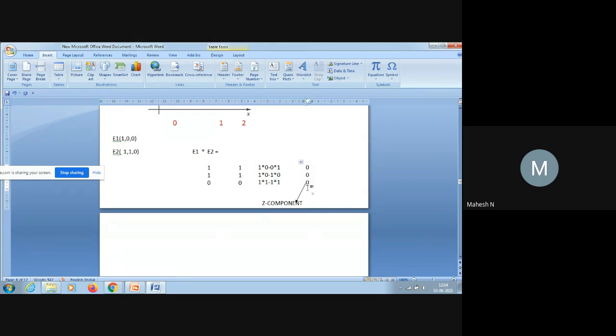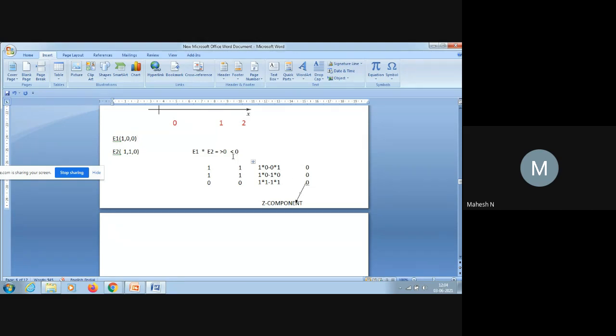To check whether the cross product between the two edges is greater than 0 or less than 0, I need to check the z component. The first component is the x component, the next is the y component, the third is the z component. I will check the z component value.